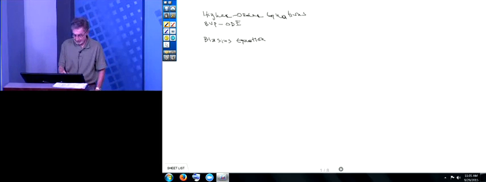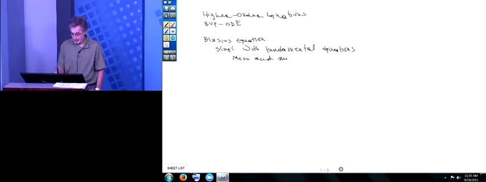One, start with fundamental equations, which are mass and momentum conservation.